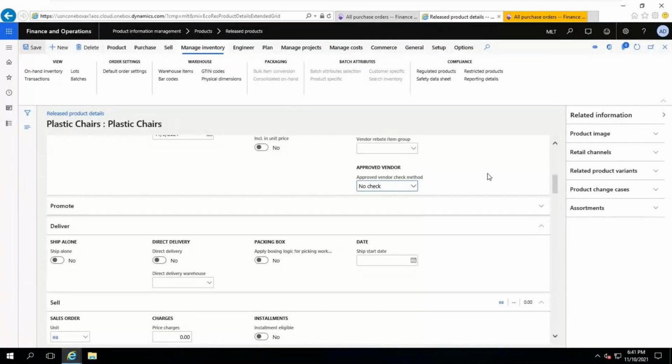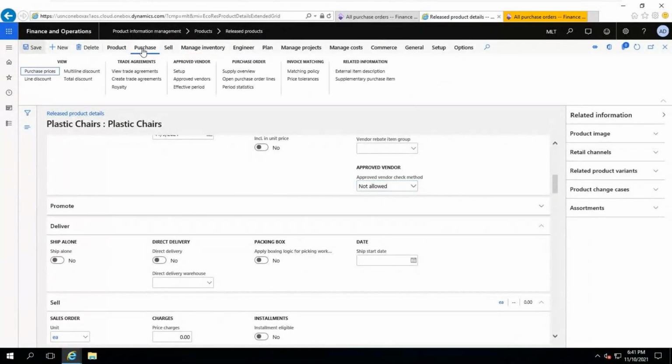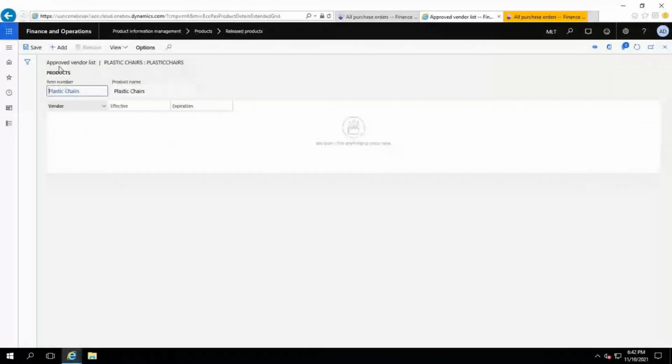If you map not allowed, it means I don't want to purchase from all vendors. I want to purchase from specific vendors. Which vendors? I can go to the Purchase tab, approved vendor setup, then I can map specific vendors only.